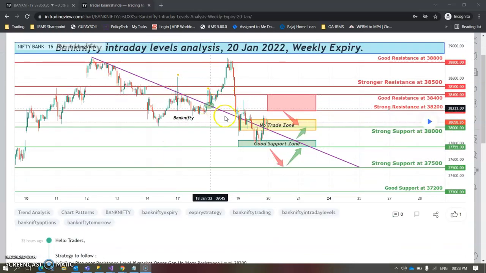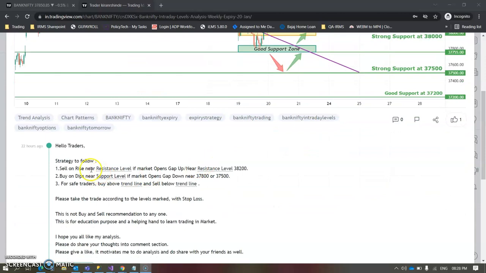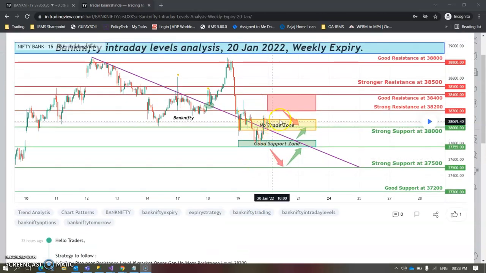Okay, so yesterday in my video I had clearly told you that if you watch this video or this post on TradingView, I had clearly mentioned sell on rise near resistance level if the market opens gap up near resistance level 38,200. And if you are following me, you might have got to know from these arrows what they indicate. I haven't shown any arrow to buy at this particular zone.